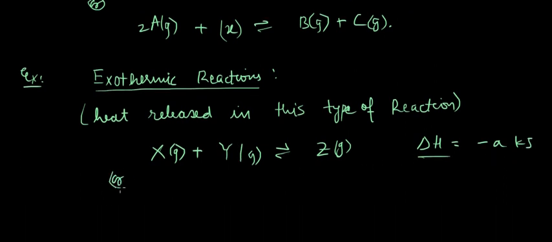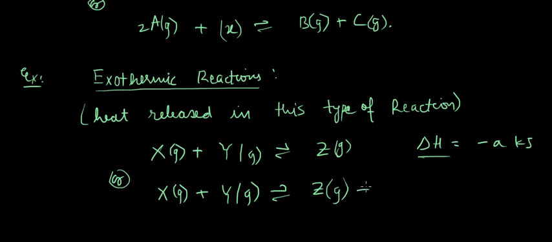Or in other words, we can say that the bond formed by having Z as the product releases some energy a on the product side. Hence, we can also write a on the RHS, or the product side.